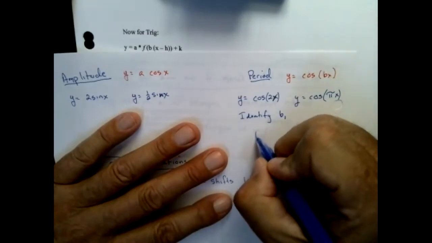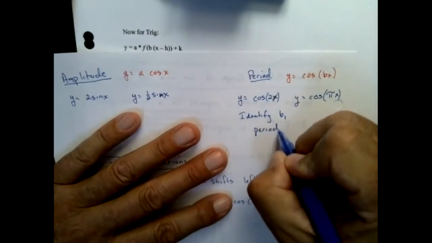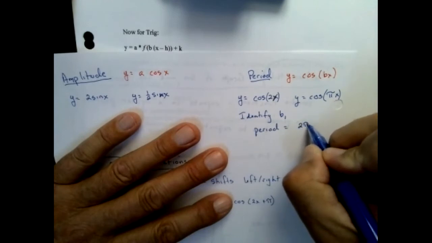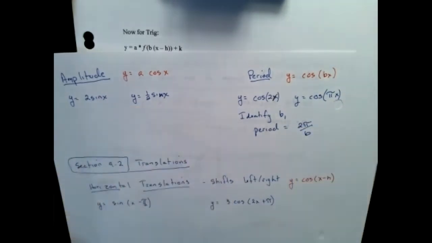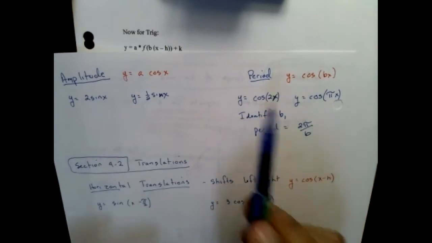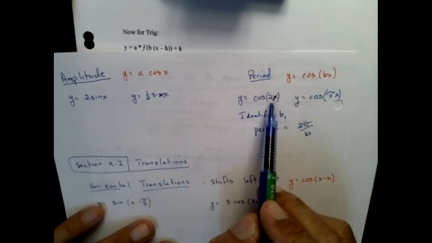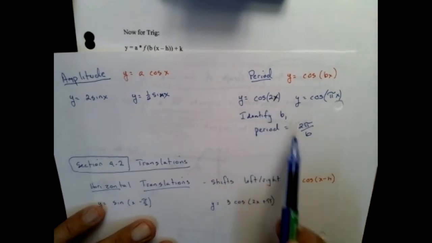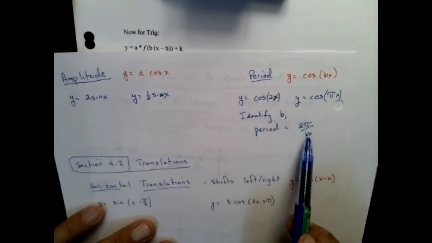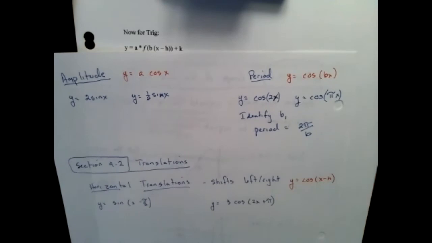And period equals 2 pi divided by B. So in this problem, what would my period be? Well, my B is 2, so 2 pi divided by 2. That means I'd have a period of pi.